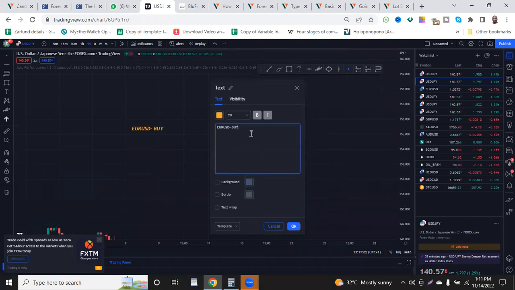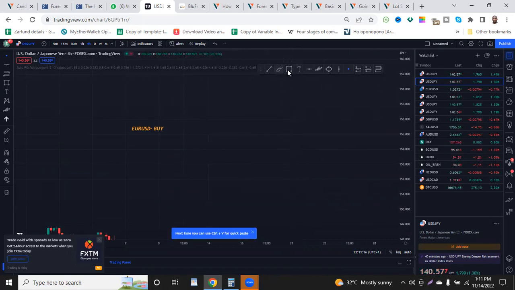A buy trade means that you believe that the currency you're buying is going to appreciate, which means that it's going to move from a lower value to a higher value.